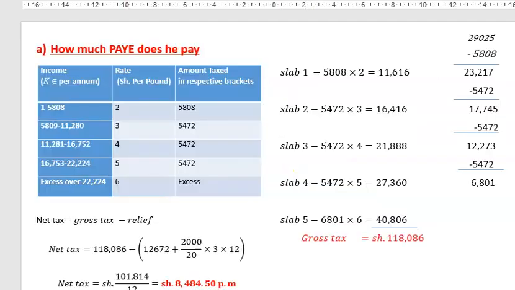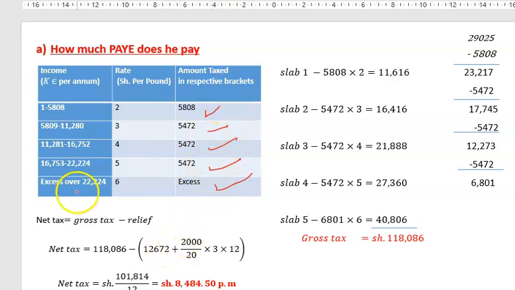Now, once we get the taxable income, then we'll move on to the taxation table. The taxation table is usually provided, and I've tried to break this one so that in each column, this is the amount that is taxed in each bracket for that case.